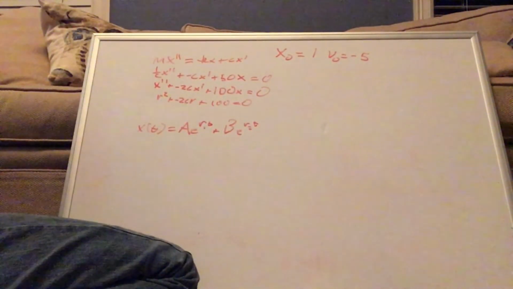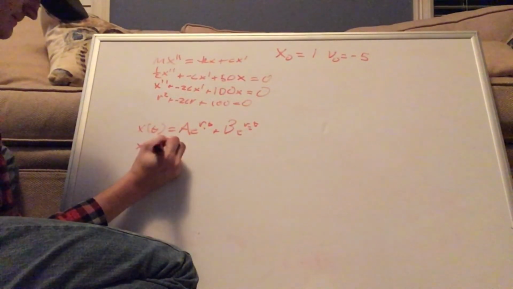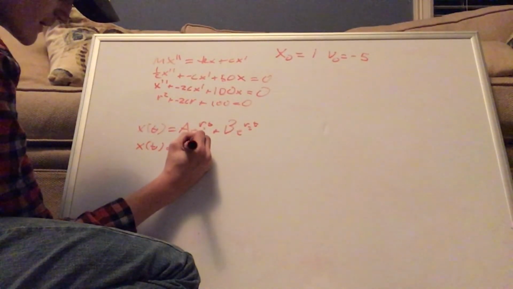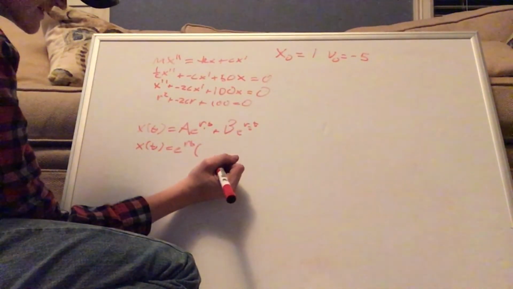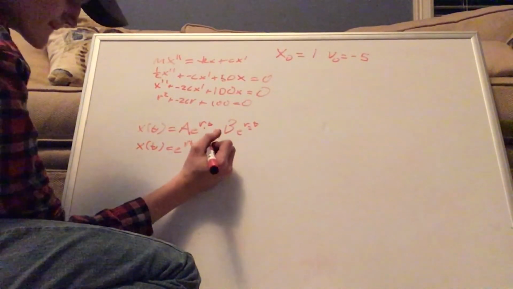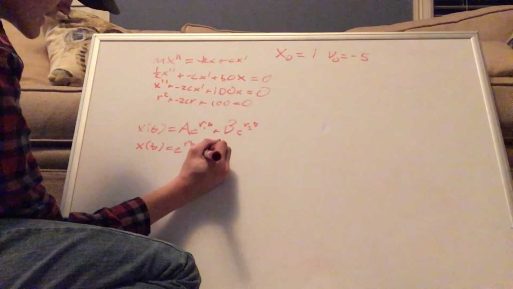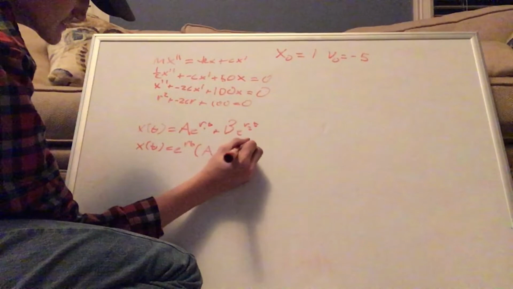When it is a repeated root, there's only one root, it's x of t equals e to the rt multiplied by a plus bt.